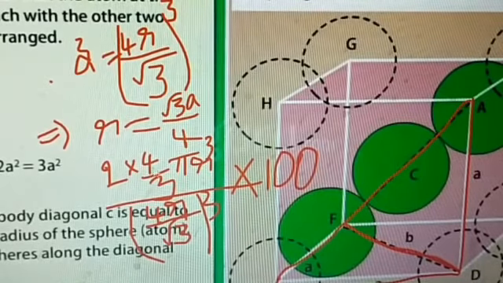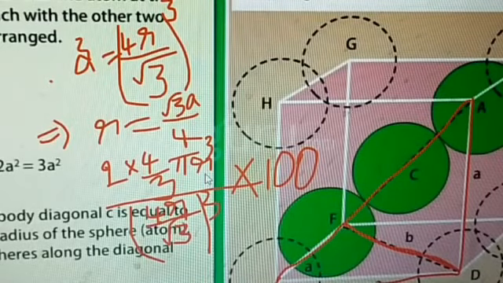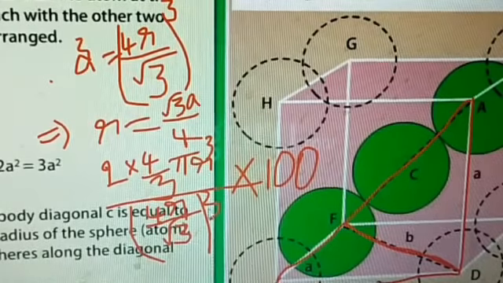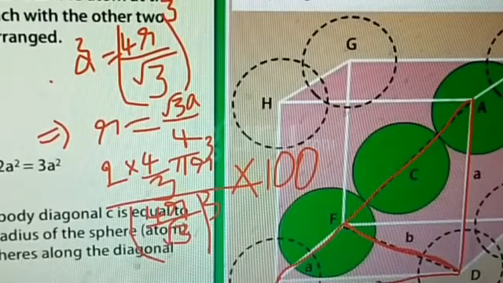So 2 into 4 by 3 pi r cube means nothing but the volume occupied by two atoms, and the total volume of the unit cell means nothing but 4R by root 3 whole cube. Then how much will we get? If we calculate this, we get the percentage as 68%. R cube will get cancelled.